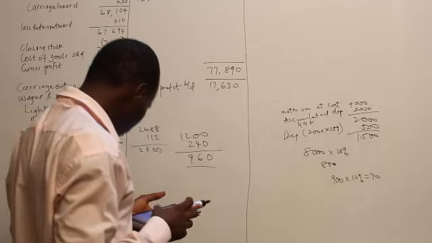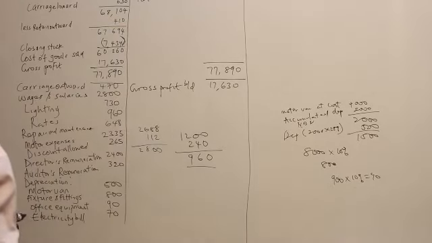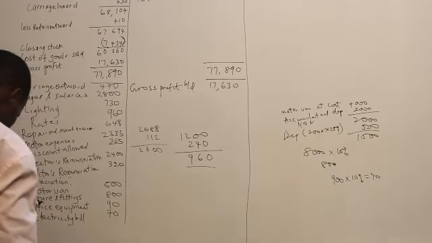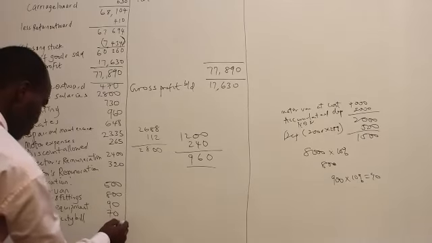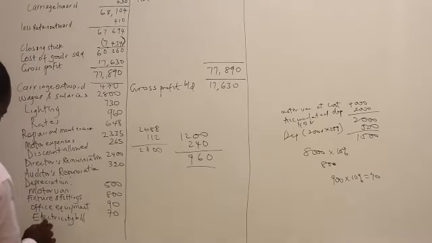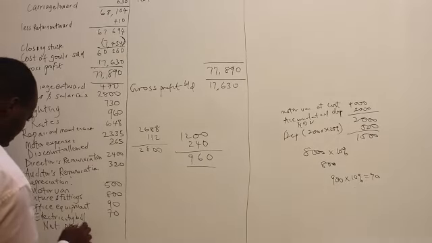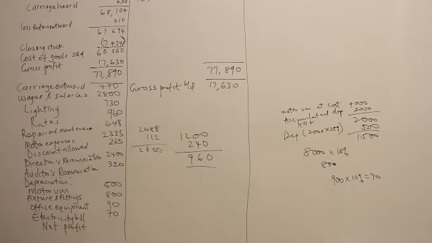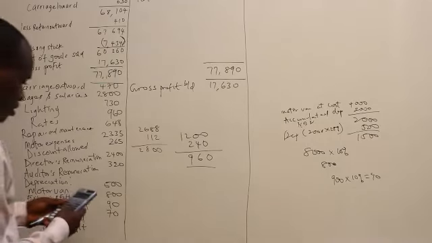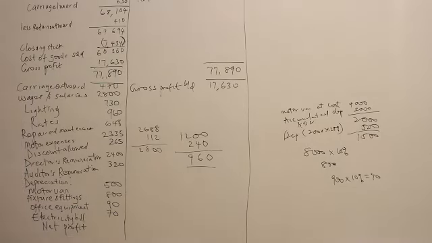Okay. First, calculate our net profit for the period. So calculate our net profits. We have 470. All of the expenses 2,800. Then we have 730.